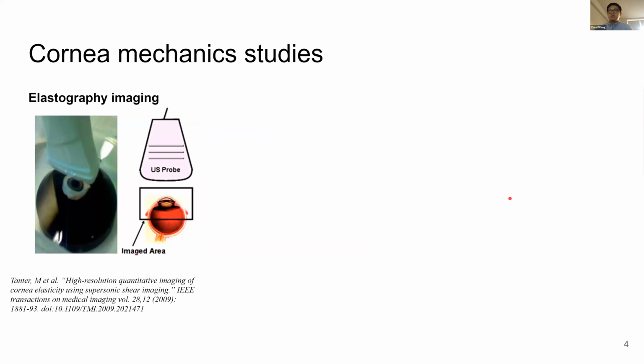So for non-invasive purposes, people managed to characterize the mechanics by using elastography. In this study, they immerse the eye in water, and the eye is mechanically excited by an ultrasonic probe.